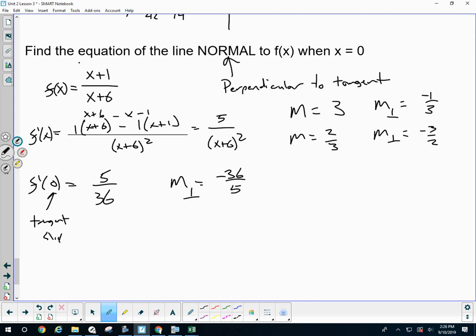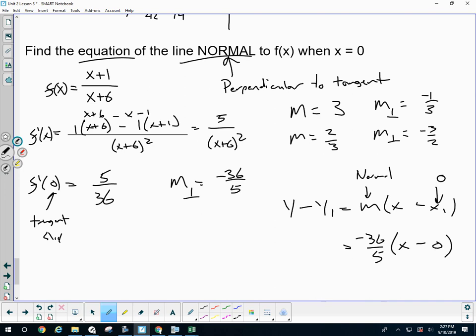Now for my equation of my normal line, again, y minus y1 equals m times x minus x1. X is 0, we know that. My slope is now my normal slope, which is the negative 36/5.